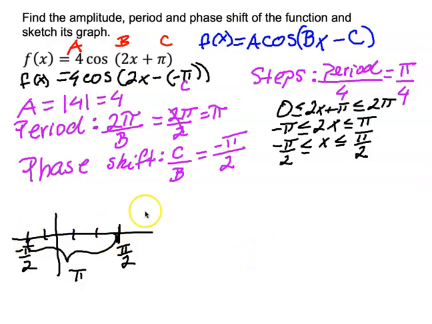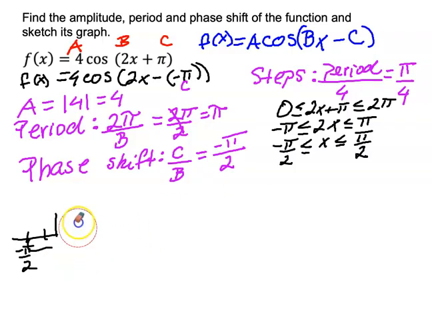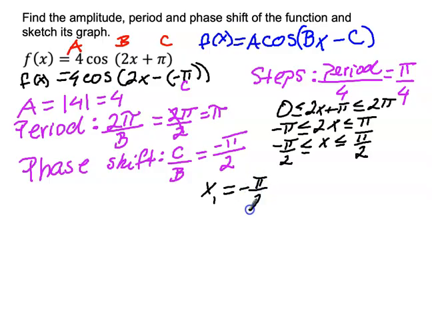Okay, but I wanna graph this a little bit better, so I'm gonna erase this part and just draw it again. Now the other thing that I like to have is my points. So I'm gonna start with x1 equals, the starting point is negative pi over 2 because that is where the graph shifted, and the graph shifted to the left.